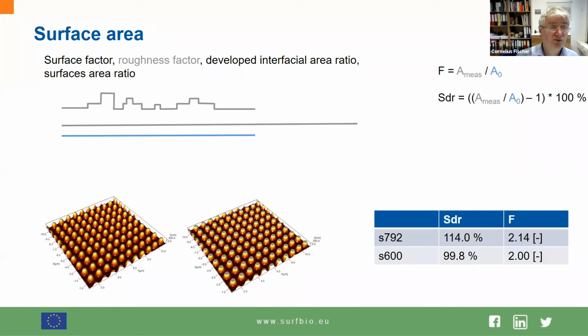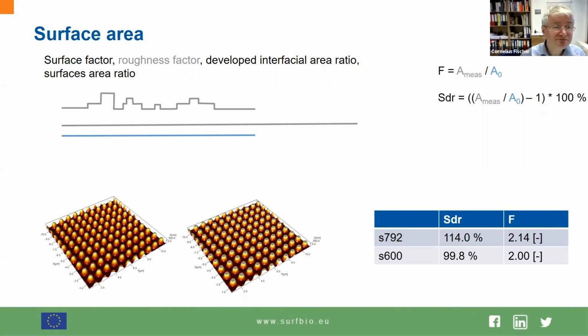So surface area, what is done here, and how is that related to surface roughness parameters? That's a pretty practical parameter set that can be used. And sometimes several words are used for identical things. So the surface area is expressed by the surface factor.